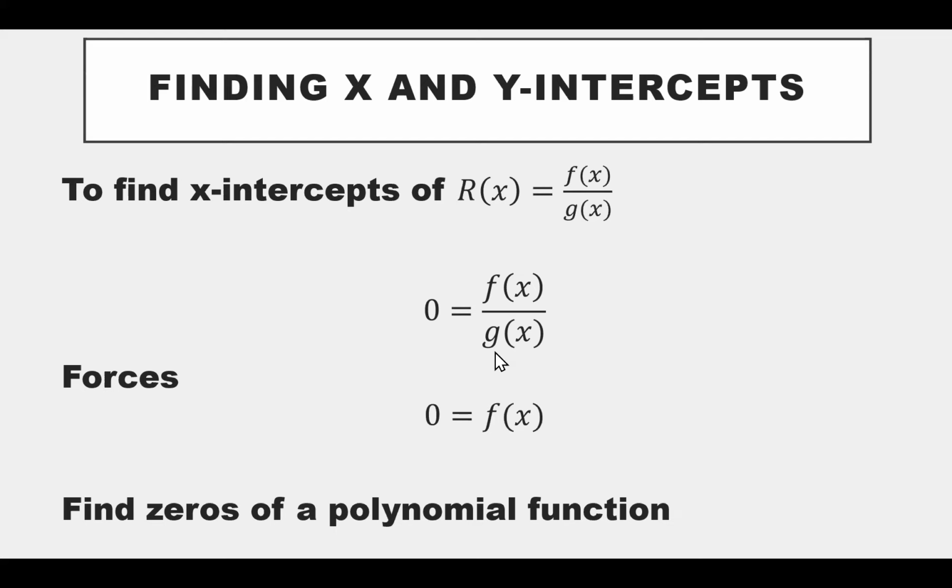Well, this is 0 when the top function, when the numerator, is 0 and the denominator is not. So if we're trying to find the x-intercepts of a rational function, since f of x is just a polynomial function, I'm basically doing the same thing I did in the previous section, and that is finding the zeros of a polynomial function.